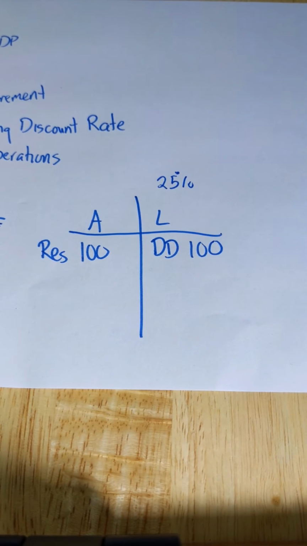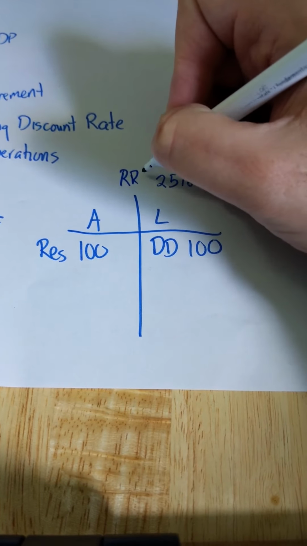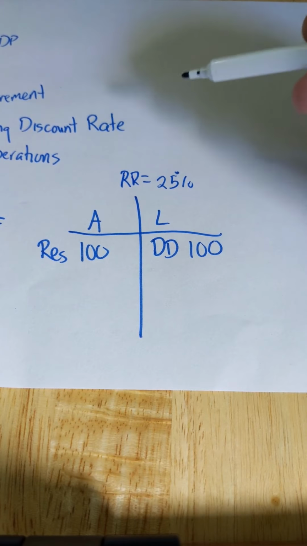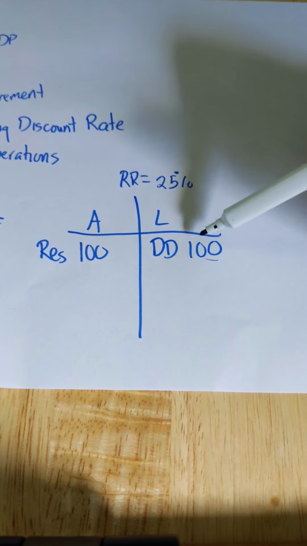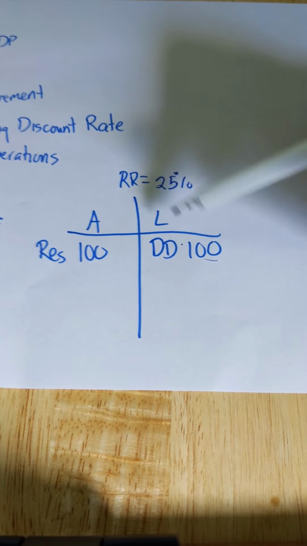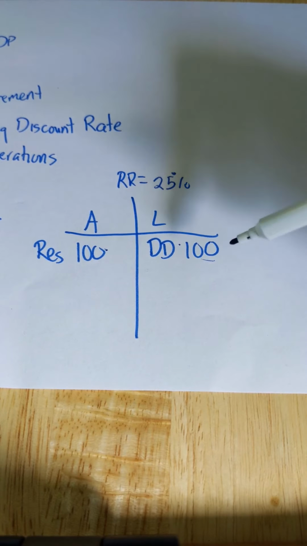It doesn't have to be 25%. It could be 20, it could be 10, it could be 5, whatever. But this reserve requirement, or reserve ratio as it's sometimes called, means that you have to keep this percentage of this amount as reserves. You can loan out the rest, but you have to keep a certain amount.